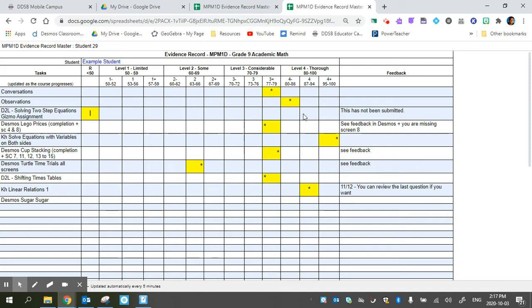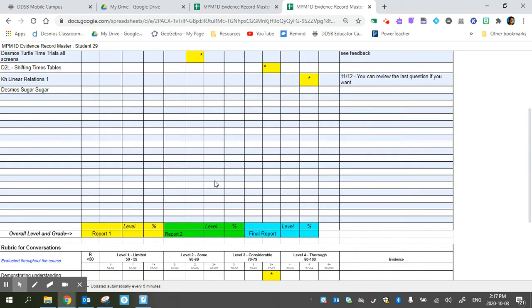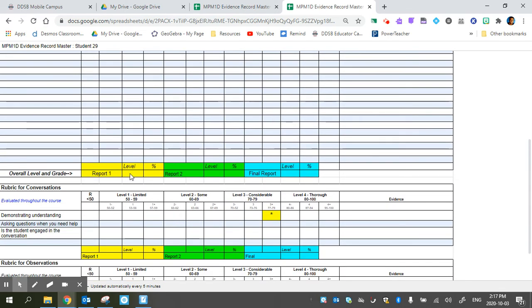And I will look at the overall achievement of this student. Where is this student demonstrating achievement more consistently, and what tasks are significantly more important than others? And as a function of that, there will be a level here, a number, and a percent. That is what will go in the report card.